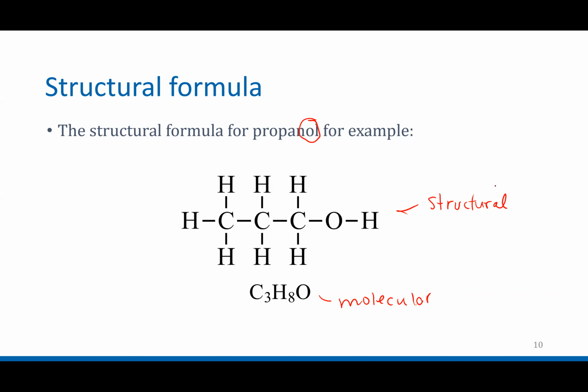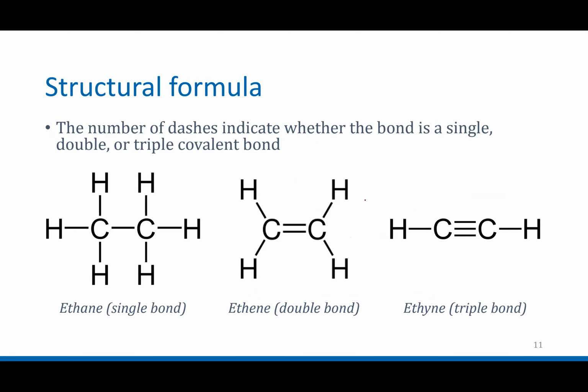But yeah, the structural formula shows me that all the carbons are single bonds. There's a functional group here, OH. It's really useful. And we won't really have to draw structurals in this course. And I'll show you the reason why in 2 slides.